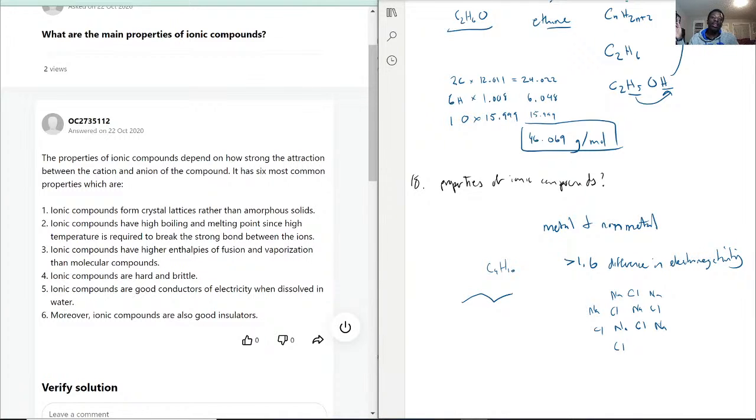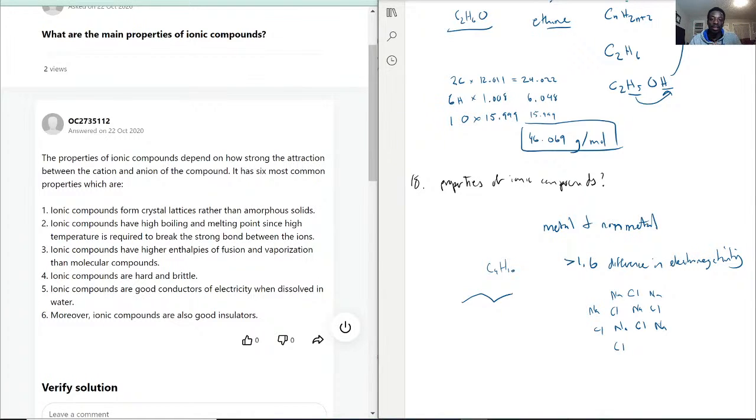To break an ionic bond, it takes quite a bit of energy, because at that point the metal has effectively given that non-metal the electron. It said, here, have it. I'm actually comfortable, I don't want it. And that non-metal is actually happy to receive it. So to then send some energy in to pretty much say, nope, both of you have to keep your electrons of what you originally started with, it takes a lot of energy to do that.